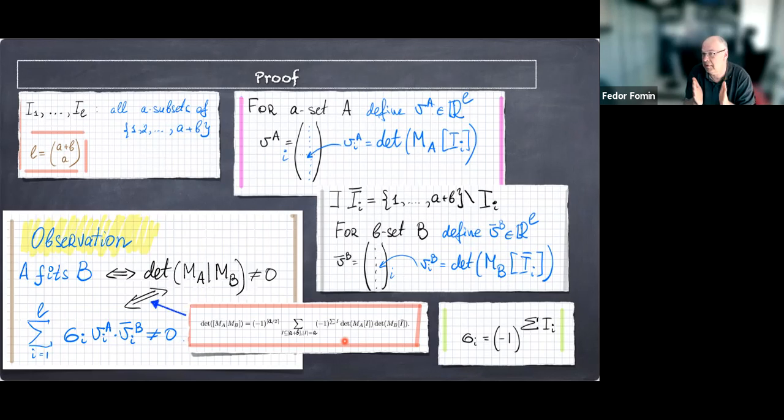Now if I write down this determinant, or rewrite the Laplace expansion as a sum, it's a kind of product of two vectors, right? And the only thing I care about is whether this sum is 0 or not.